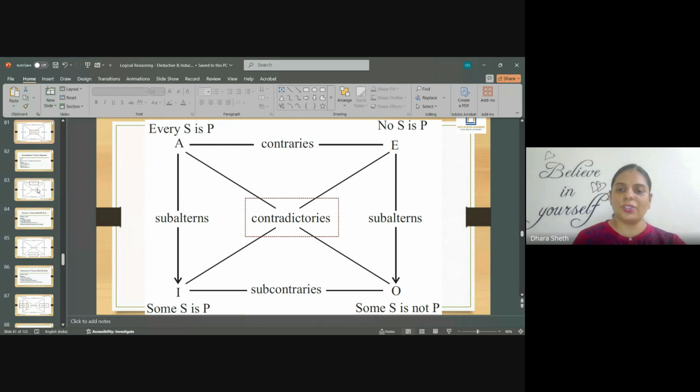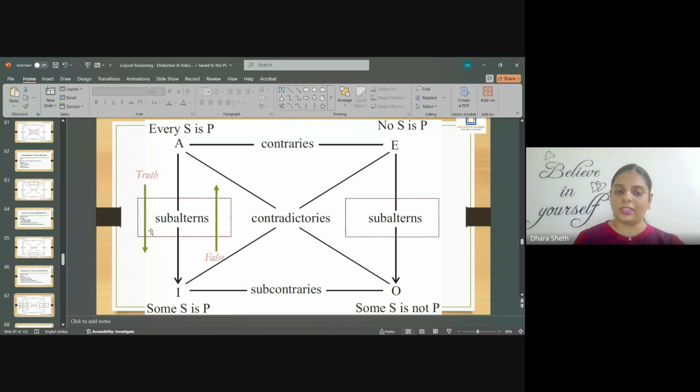The second relationship is contraries. A and E are contraries. Both cannot be true at the same time, but both can be false. I and O are subcontraries. Both cannot be false at the same time, but both can be true at the same time. And subalterns: if A is true, I is true, but if I is false, A is false. If E is true, O is true, but if O is false, E is false.